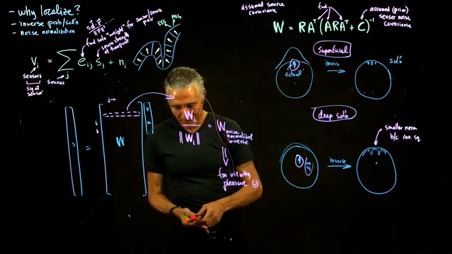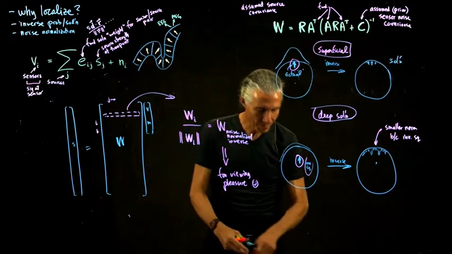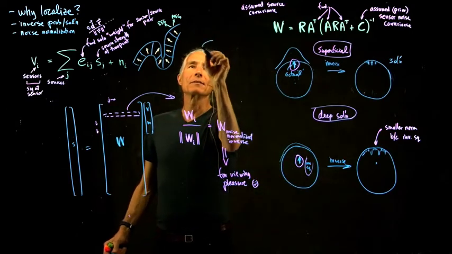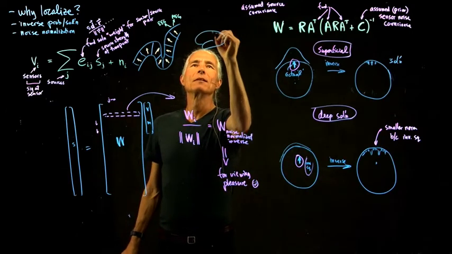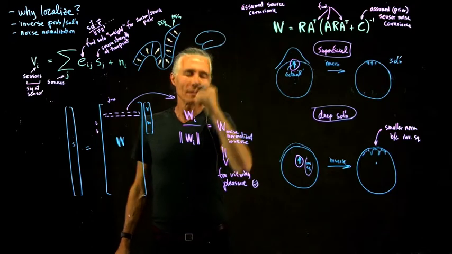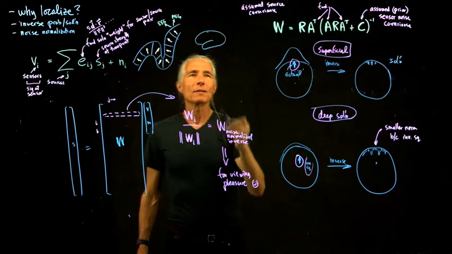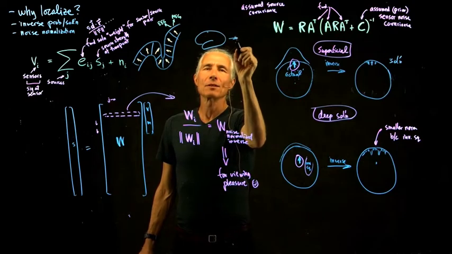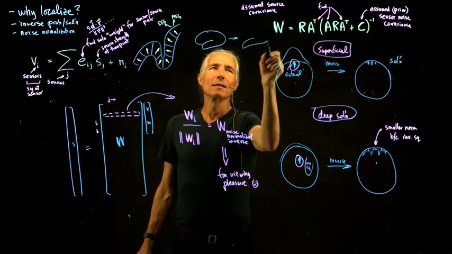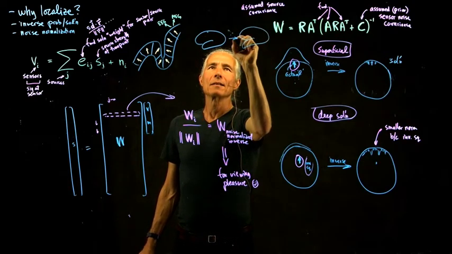So what does that look like when you say you've got a superficial source here? What's going to happen if we just do a modeling study and apply this?